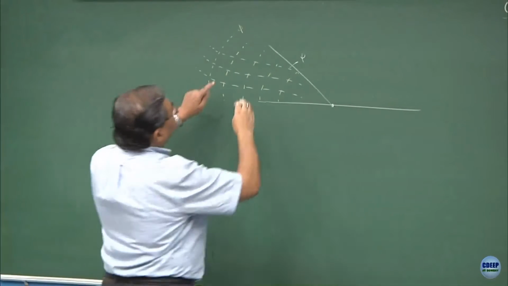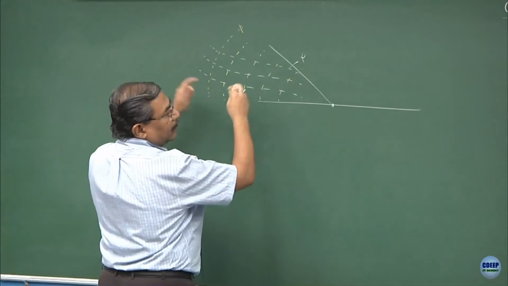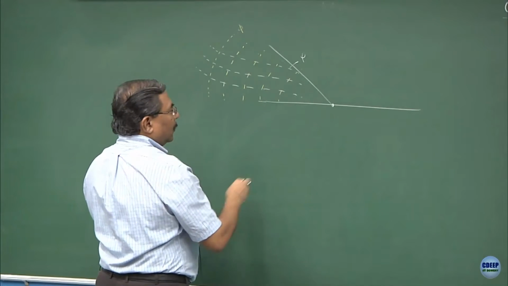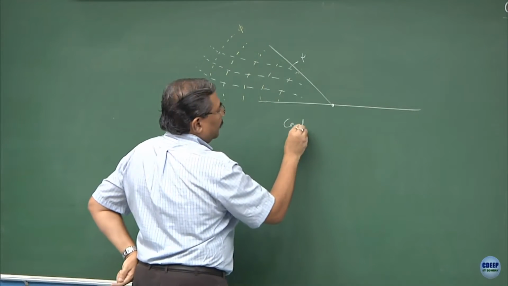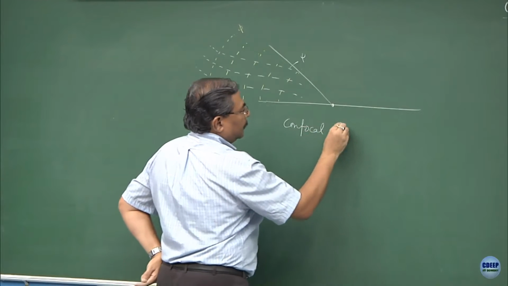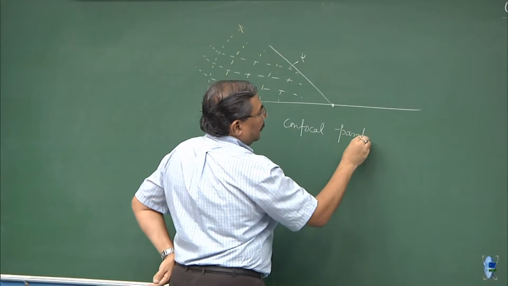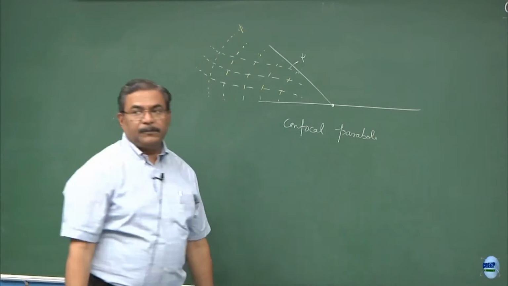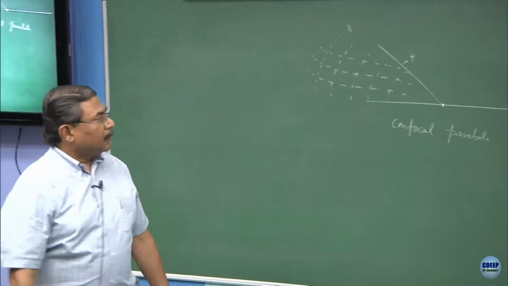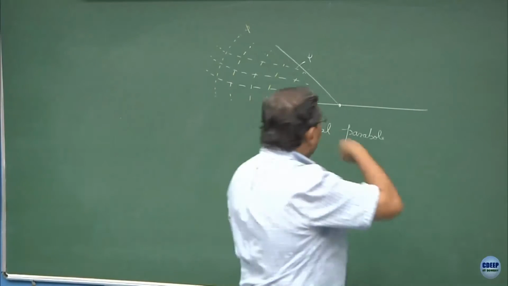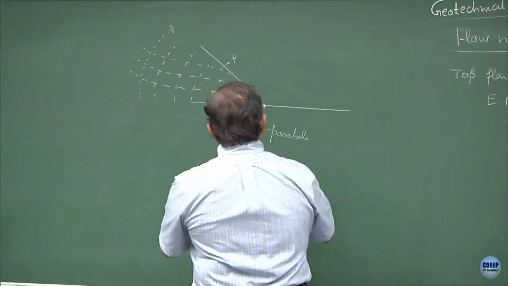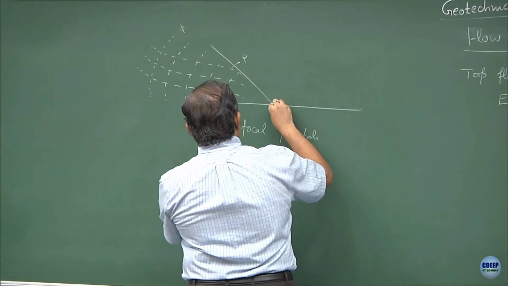What you are observing here is that this is going to be a set of confocal parabolae, alright. Now, suppose I consider this point.